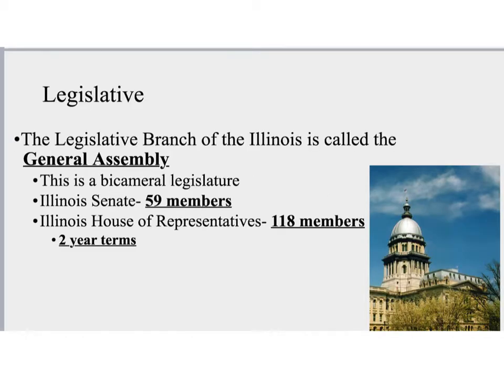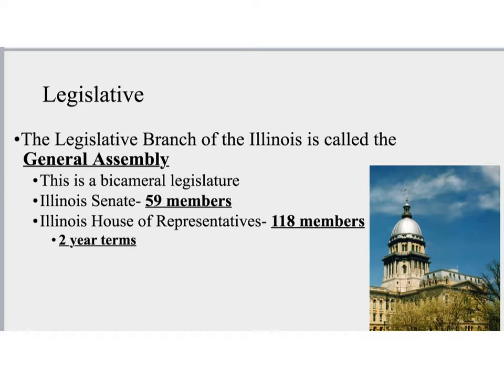First thing that we'll talk about is the legislative body of Illinois. The legislative branch of Illinois is also called the General Assembly. Now, I want you to notice the difference between the General Assembly and the House of Representatives and Senate, our federal legislative branch. The state legislative branch is called the General Assembly.